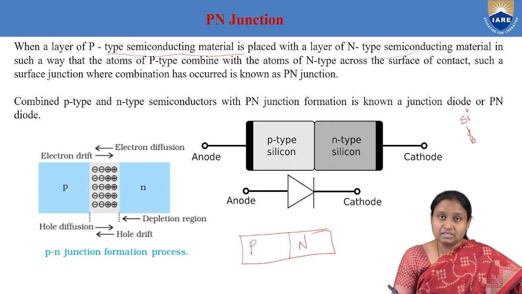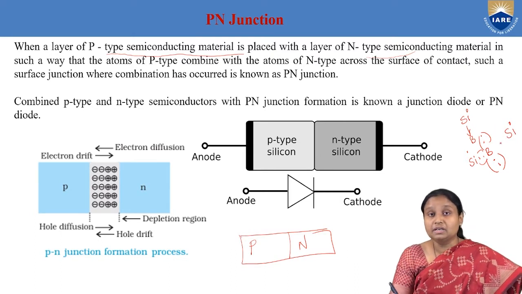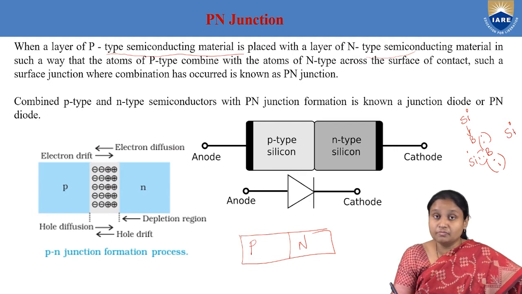It will form 3 covalent bonds with adjacent silicon atoms, but at the 4th bond position, there is a lack of an electron. So this boron will try to accept an electron from the valence band of a silicon atom.